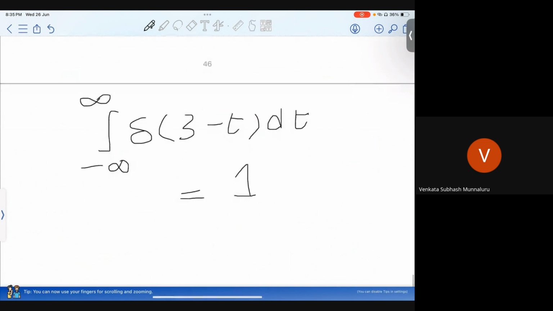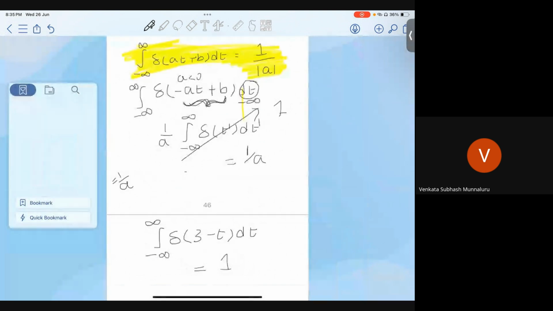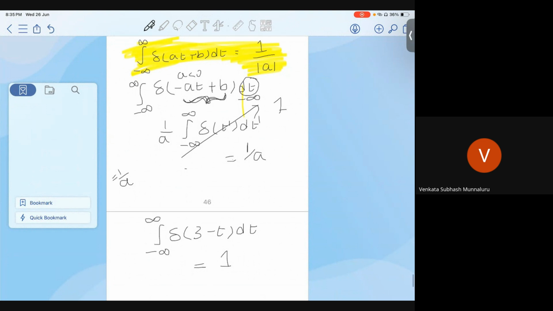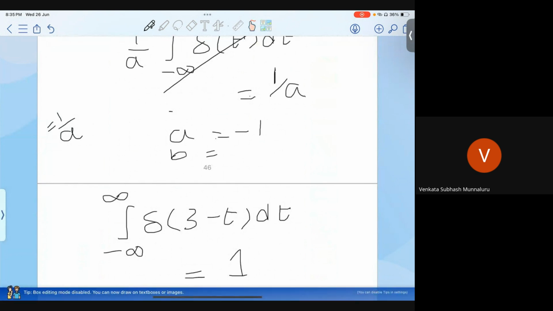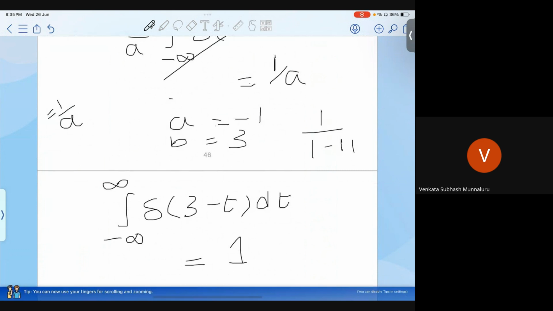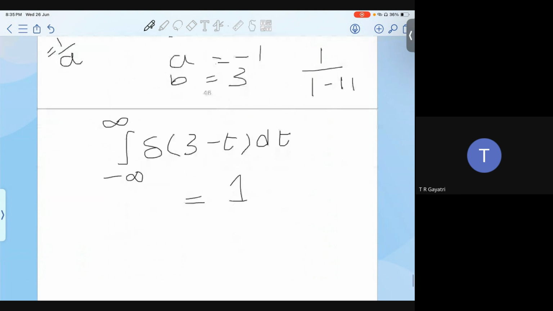If you just use the above result, where the integral from minus infinity to infinity of delta of at plus b dt is 1 by mod a, here a is minus 1 and b is 3. And what is 1 by mod a? 1 by mod minus 1, which is 1, right? Yes, ma'am. Okay, so this is how you can go with it.